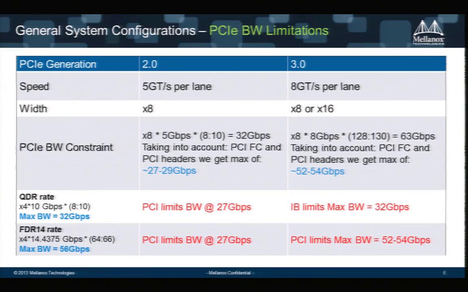On an FDR 56 gigabit capability, we see that on a Gen 2 server we're still limited, and also a Gen 3 server will limit us to the rates of 52 to 54 gigabits per second.